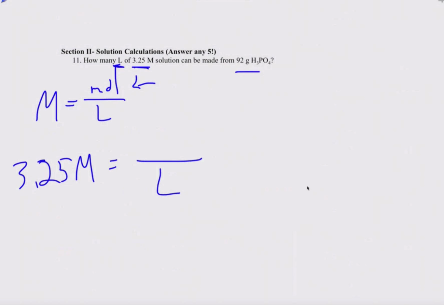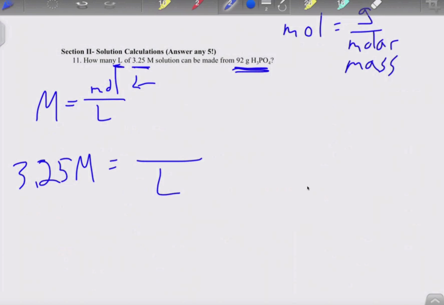What I do have, though, is grams, and the number of moles equals the number of grams divided by the molar mass. So I need to calculate the molar mass of the phosphoric acid. It's 3 hydrogens plus a phosphorus plus 4 oxygens.